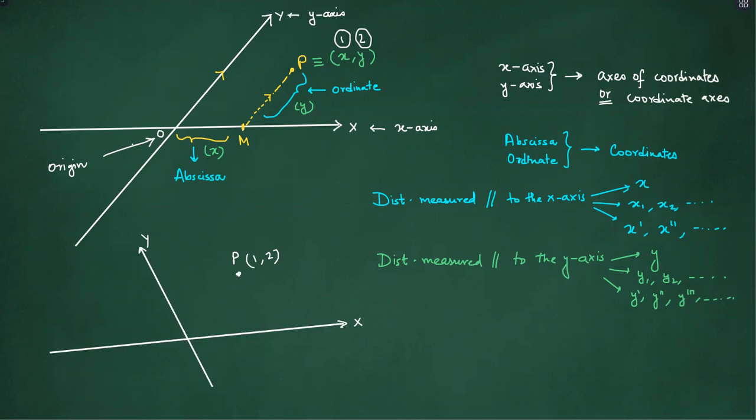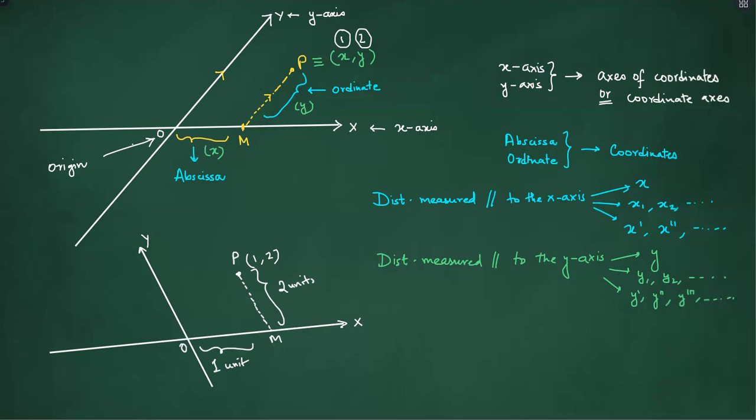What does that mean? It means that if you draw a line parallel to the y-axis, this distance over here is 1 unit, and this distance over here is 2 units. So any point x comma y is representative of the position.